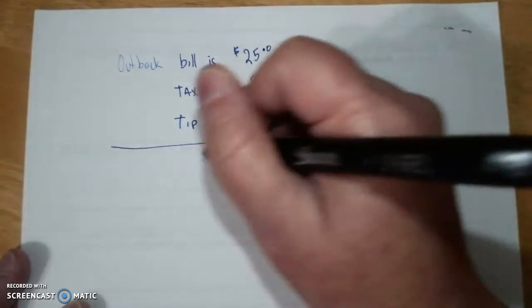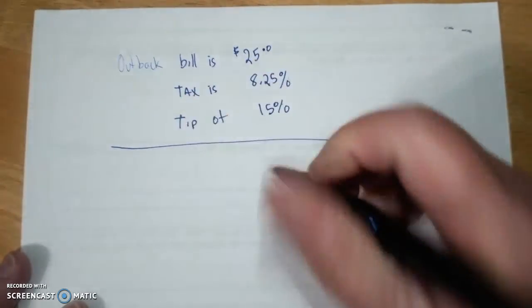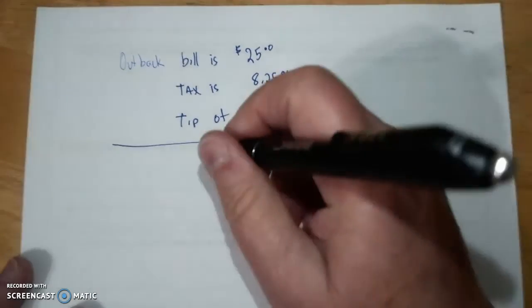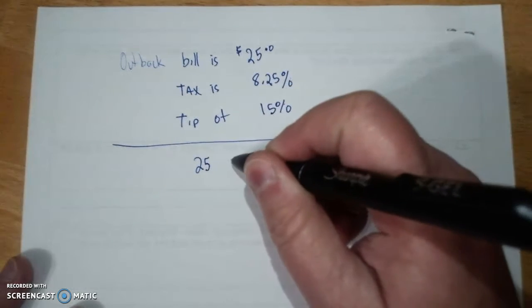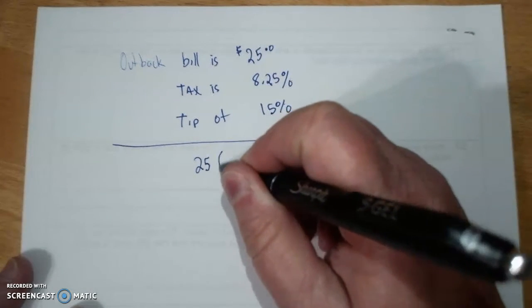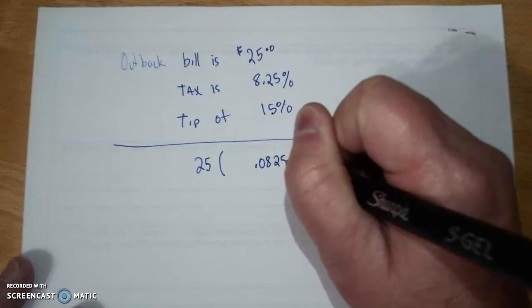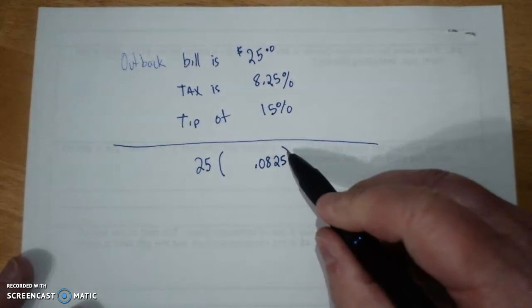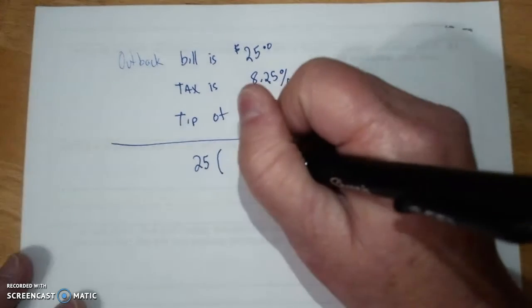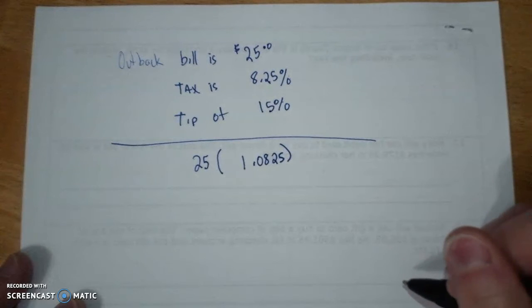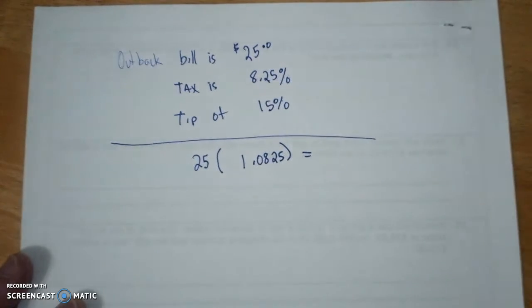So the first thing I'm going to do is 25, and I'm going to multiply it by 0.0825. But if I wanted to add it to the bill, I can put a funky one right there, and that automatically adds it to the bill.